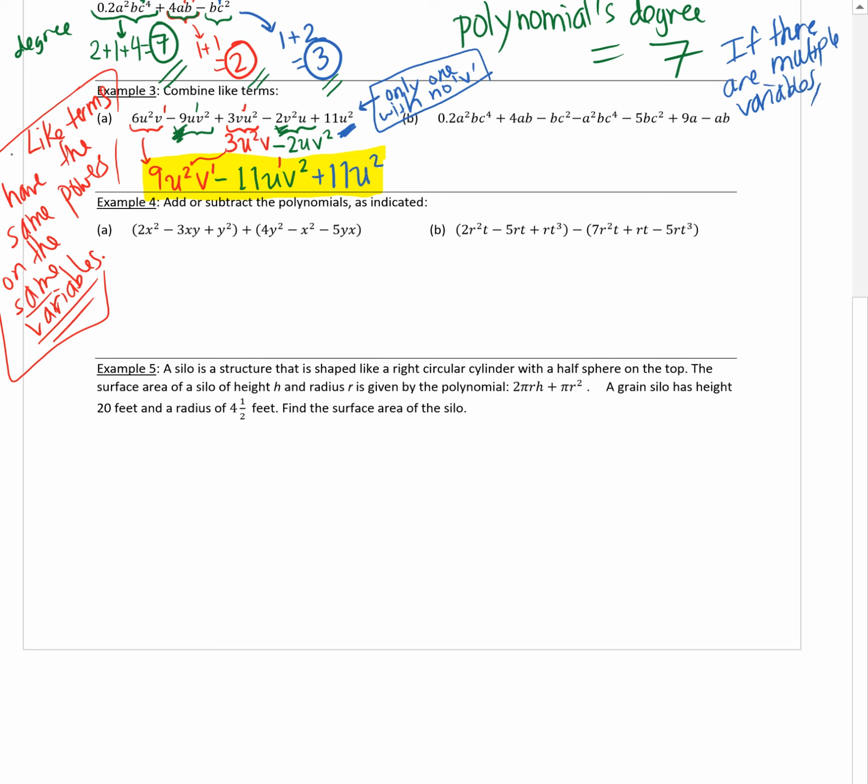Order of terms doesn't matter because it doesn't make sense to say the largest degree to the smallest degree, because you could have two of the same degree that aren't like terms. We only care if there's only one variable, then it is possible to put it in a certain order, and we probably should. But these guys, it's too complicated and too silly. Not worth our time to put them in a certain order.